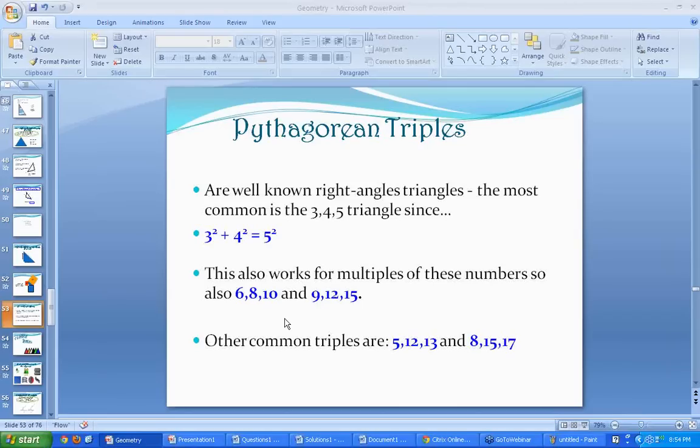Pythagorean triplets are very important because most of the geometry questions revolve around this. We will be touching upon this in detail as we move ahead.